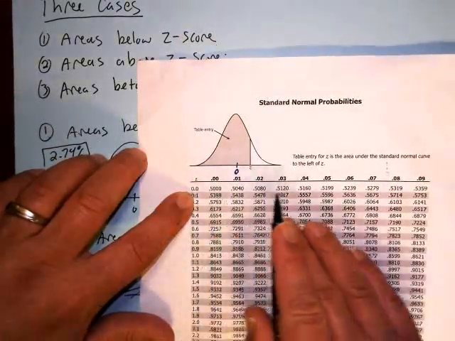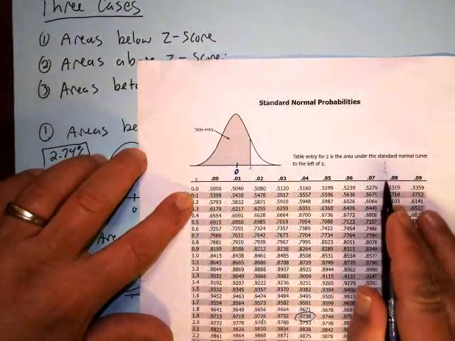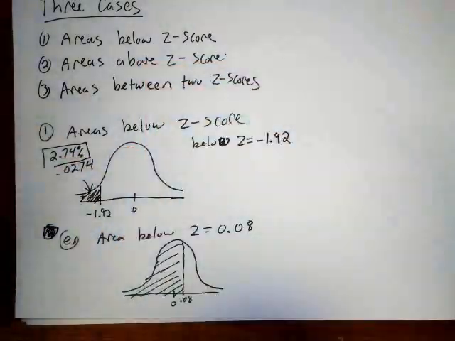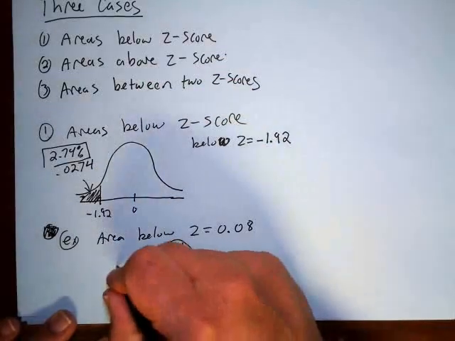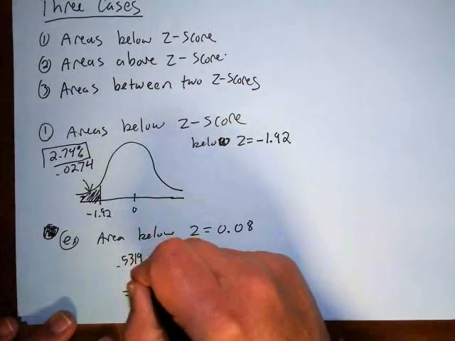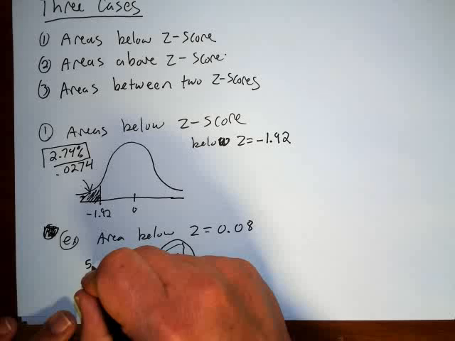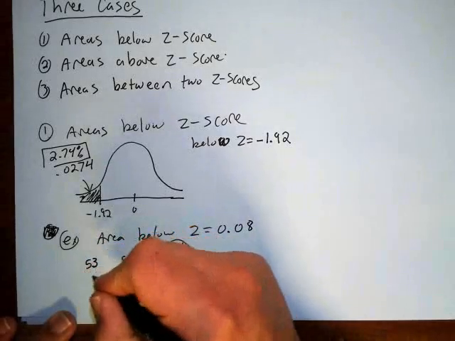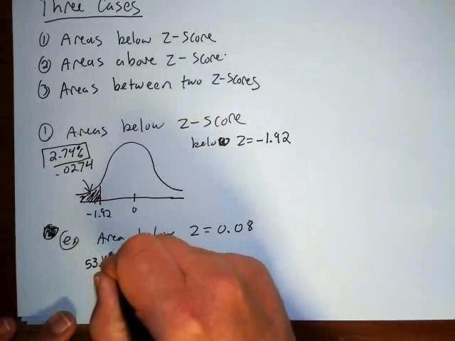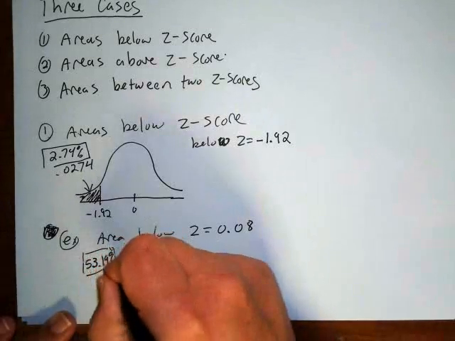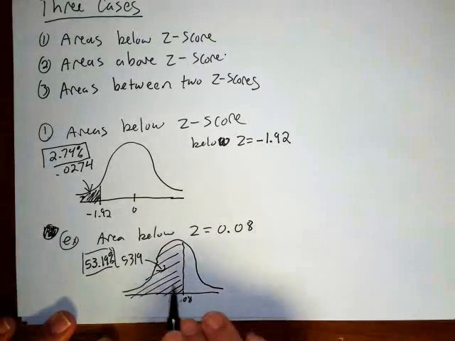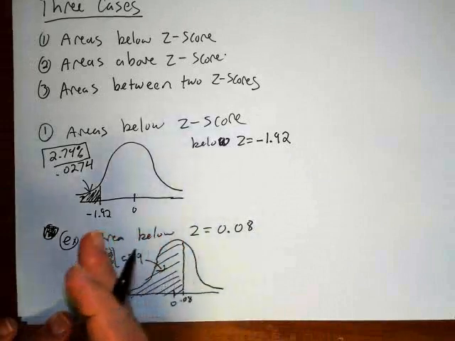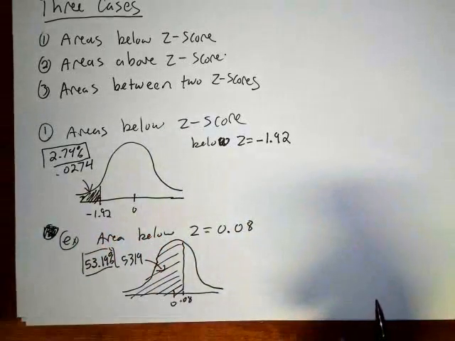And then I would go over to 0.8 here, and then I would get 0.5319, which would be 53.19%. And that makes sense because that's a little over a half of the area, right? 0 would be half of the area below 0. So below this is a little more than half of the area.